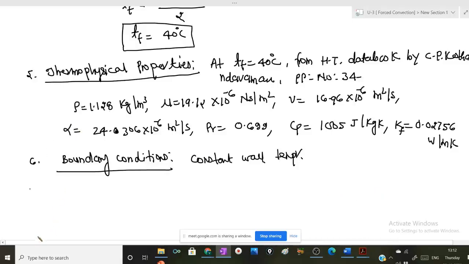Now step number 7: nature of flow. From next class, you also keep a list of steps. That is, we are supposed to find out Reynolds number at a local distance x, up to which we are supposed to consider the fluid flow.